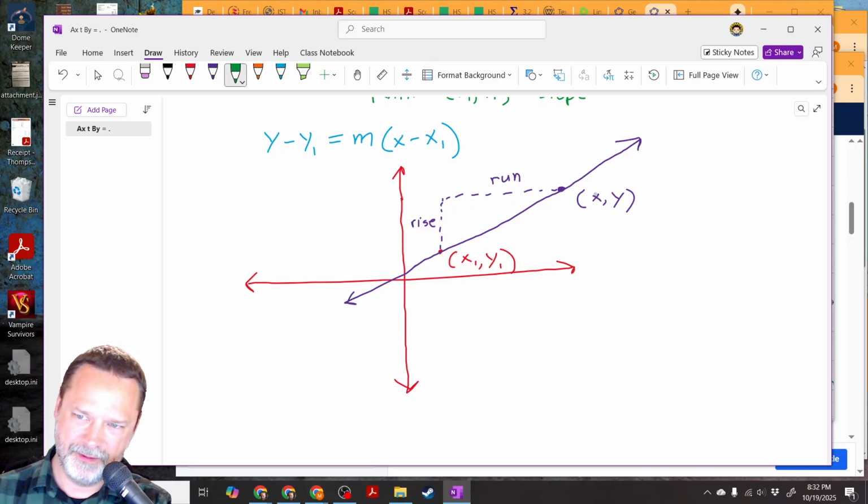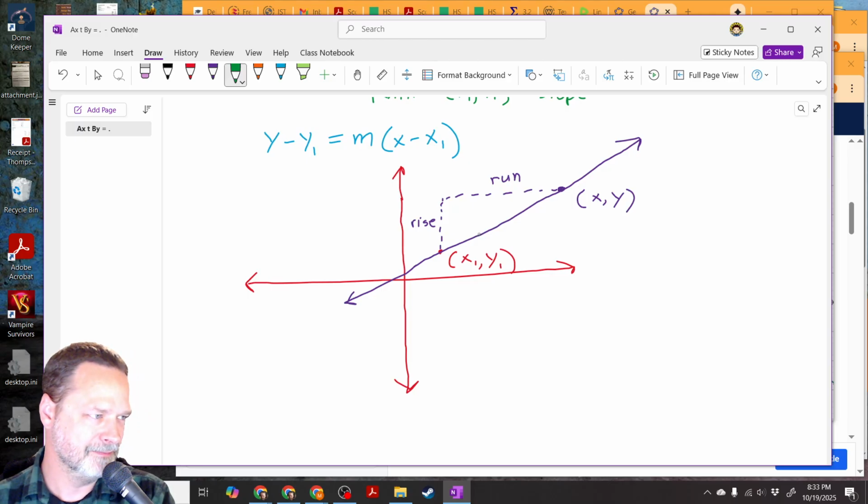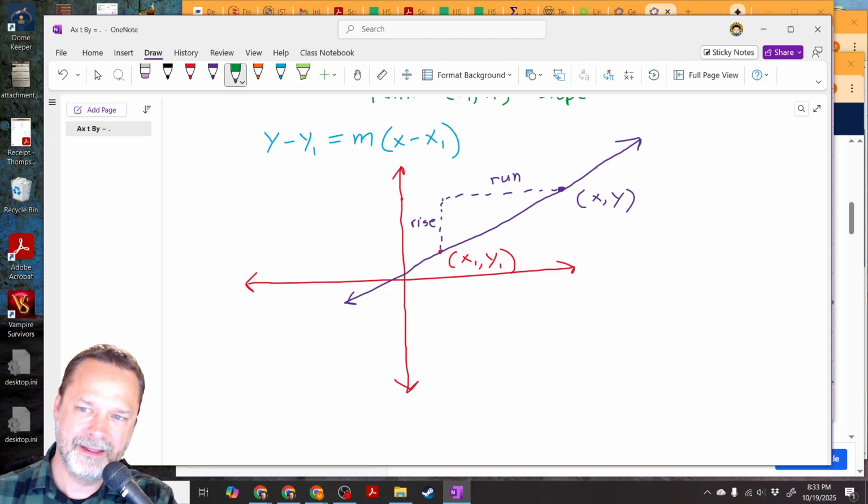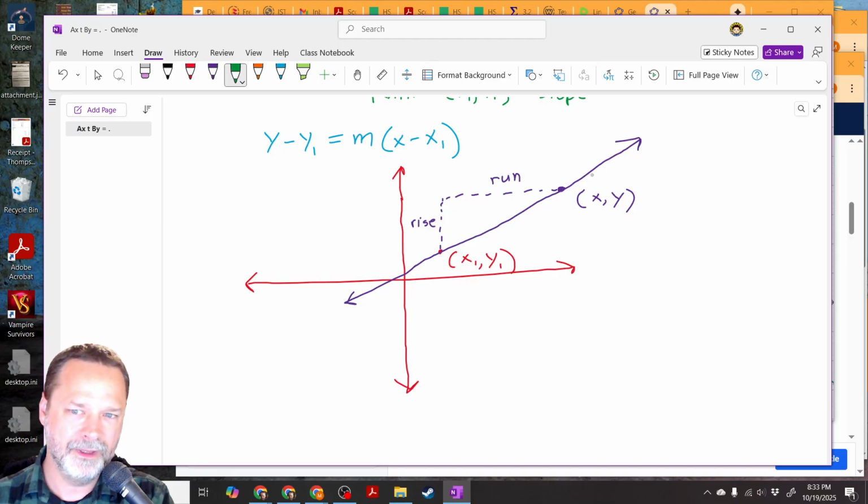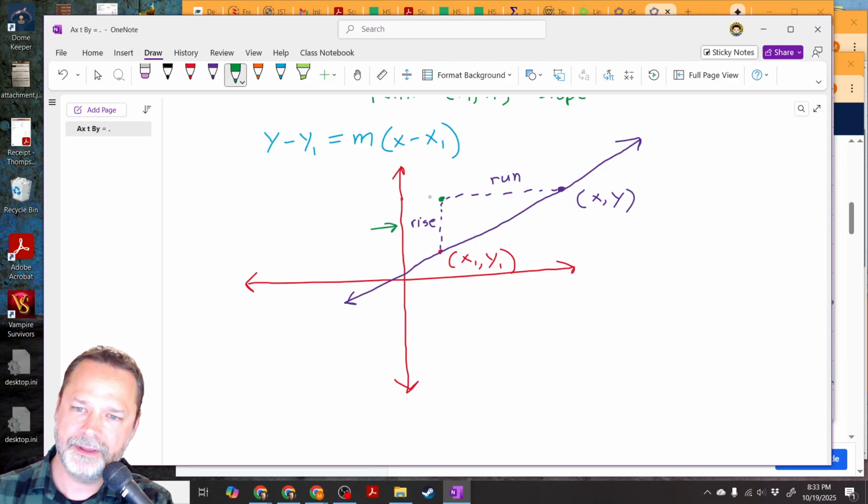Okay. So I start with 1 point. I got my slope, and with that slope I can find any other point on the line. I can pick any point, and that rise over run will always be the same. It'll be my slope. It'll be m. Okay, that's the idea. So if we do that, what do we have now? It's maybe a little bit more complicated, but our rise is going to be y minus y1.